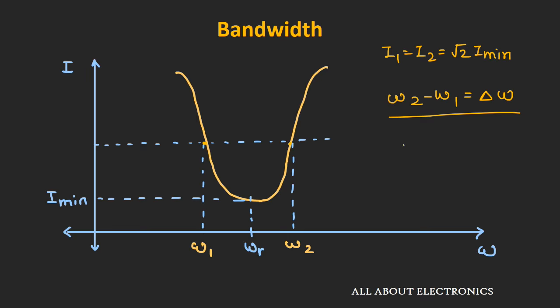So now let's derive the expression for the lower as well as the upper cutoff frequencies. At frequency ω1, let us say the current flowing through the circuit is I1, and this I1 can be defined as √2 times the minimum value.